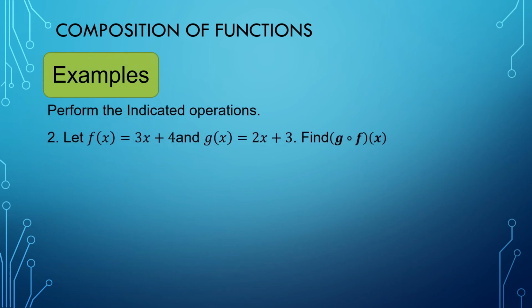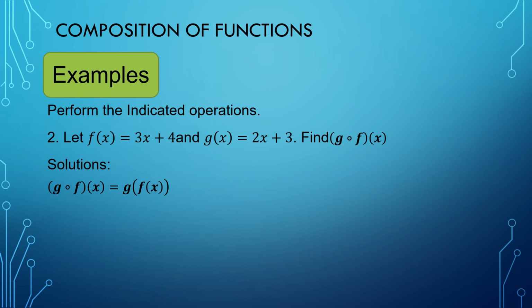Next, we have example number 2 for composition. Let f of x be equal to 3x plus 4 and g of x be equal to 2x plus 3, the same given. But this time we want to find g circle f.